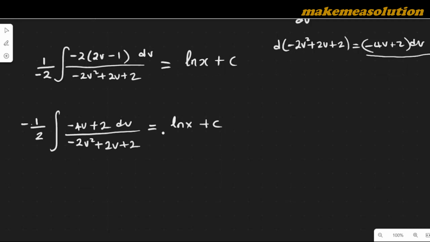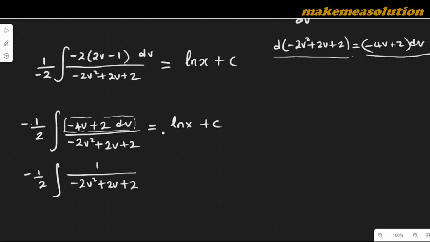So I can replace this whole expression with d of this. So minus 1 over 2 integral of 1 over (negative 2v squared plus 2v plus 2) d of (negative 2v squared plus 2v plus 2) is equal to ln x plus c.